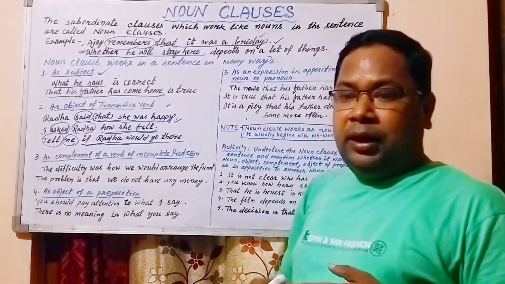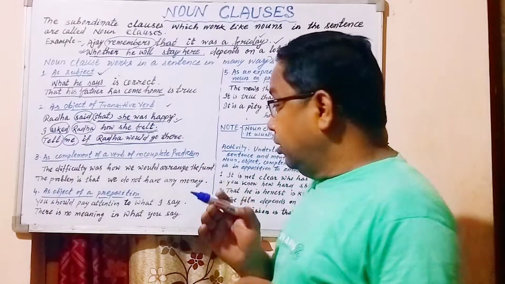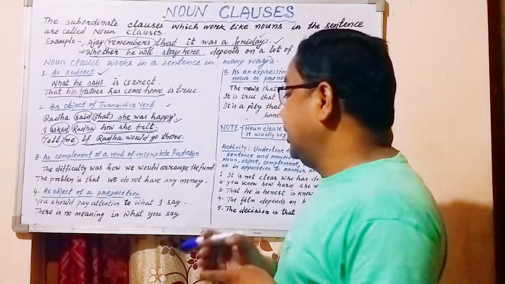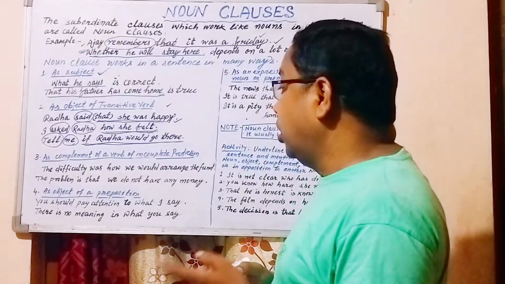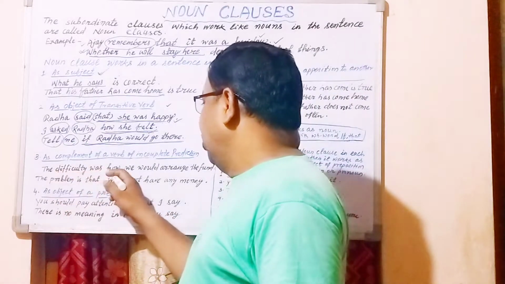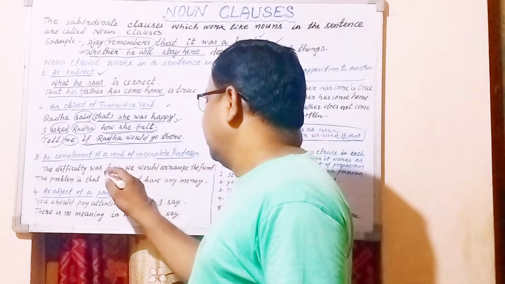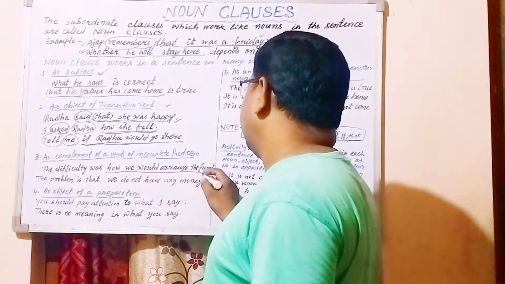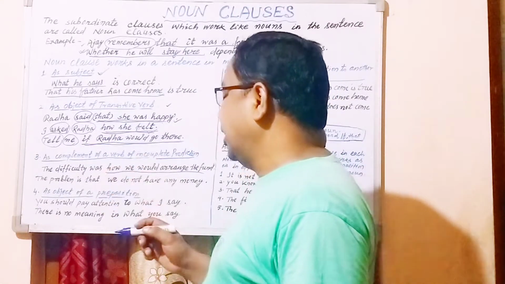When a sentence cannot be completed without that word or phrase or clause, then that may be called a complement. For example: The difficulty was how we would arrange the font. Here you see how we would arrange the font.